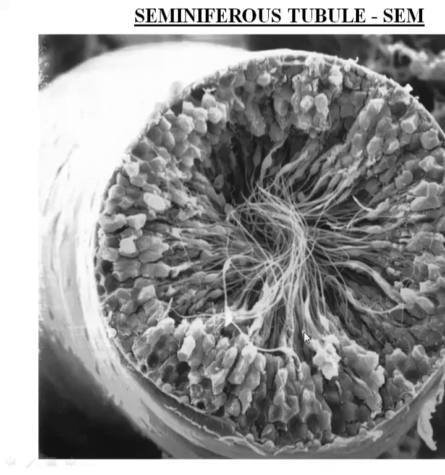Now see, this is a magnified view. This is some seminiferous tubule and a magnified view of the seminiferous tubule. Now here these are all spermatogonia in different phases of development, and centrally you see this tail or filament structure.